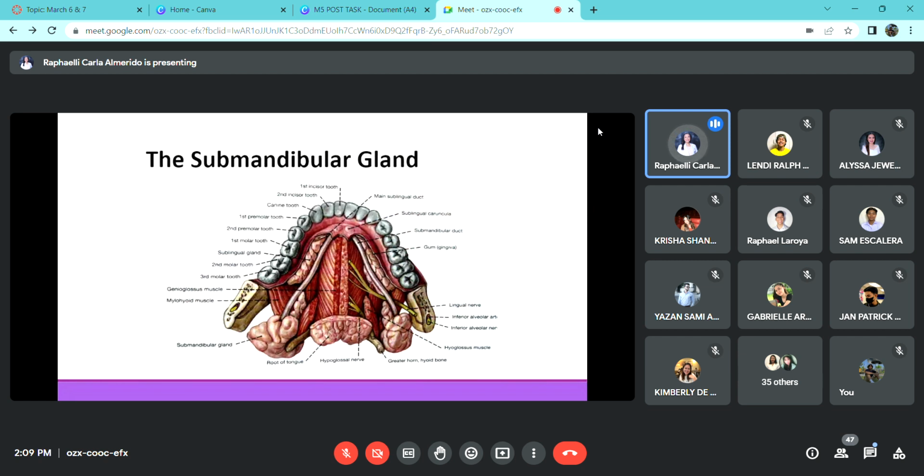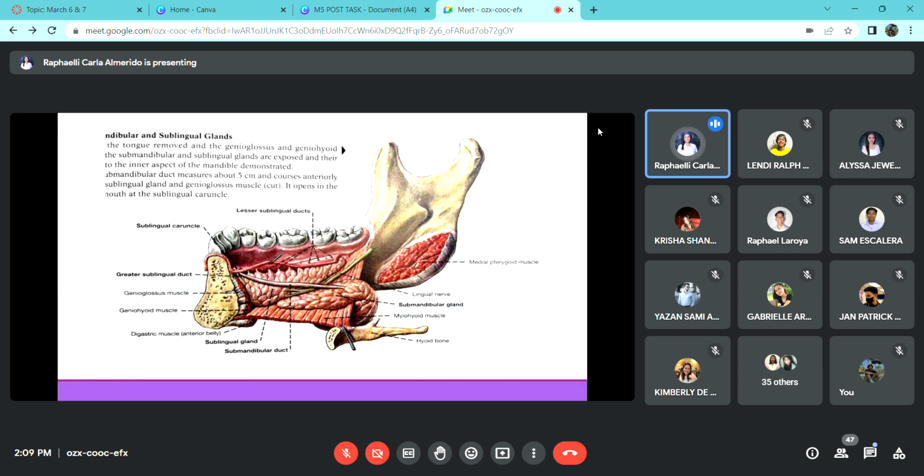For the submandibular gland, you will see it here. So I hope you can see the submandibular gland, the name. Okay, it is below. Okay, so it has two, one on the left, one on the right. Okay, so it produces a mixed serous and mucus secretion.